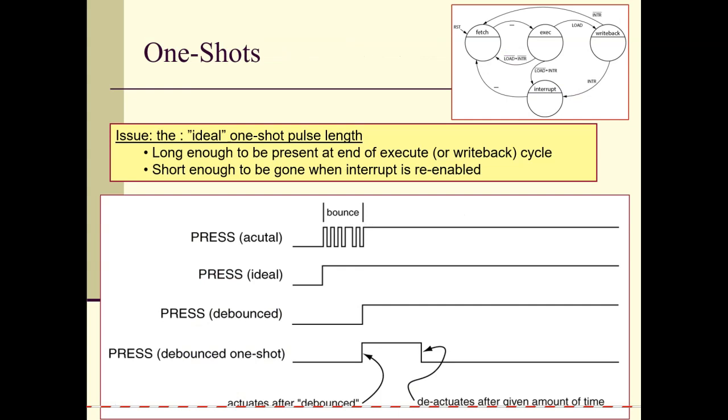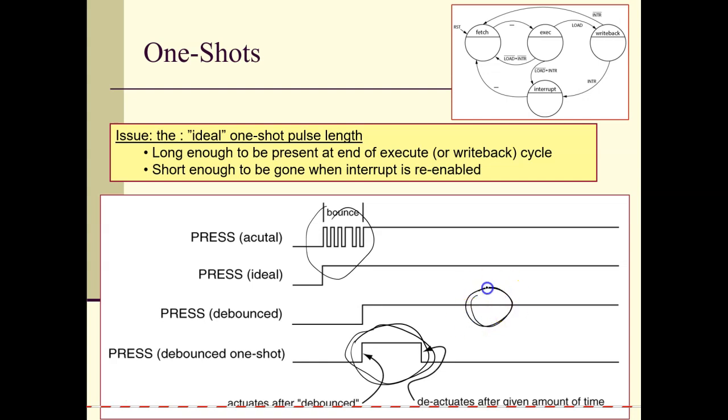So the next thing I'm going to do to make sure this interrupt is not too long is tie it to a one-shot. So here's the debounce. It's been debounced, but here is the one-shot. Now the one-shot is a circuit that when it sees a transition, puts out a pulse, but the pulse is of limited width.